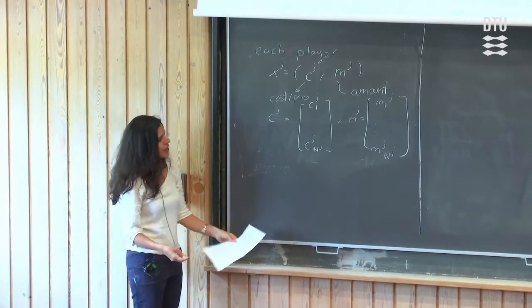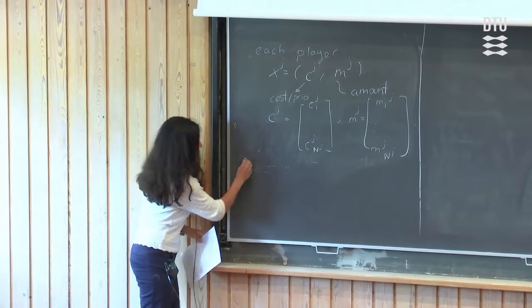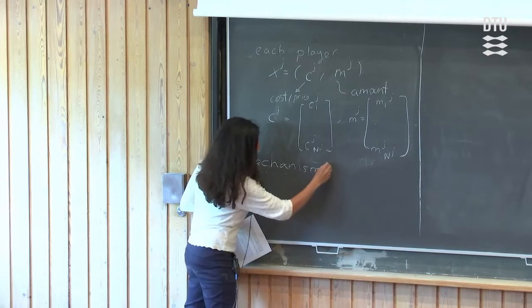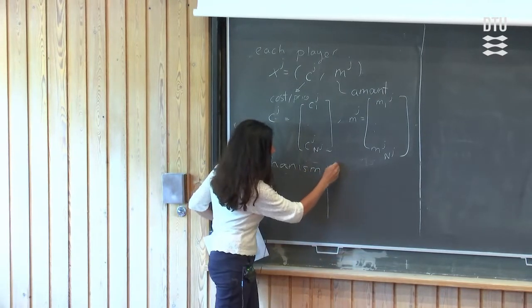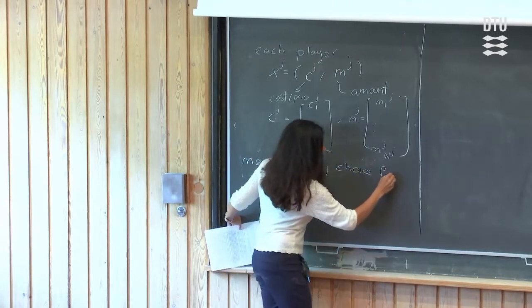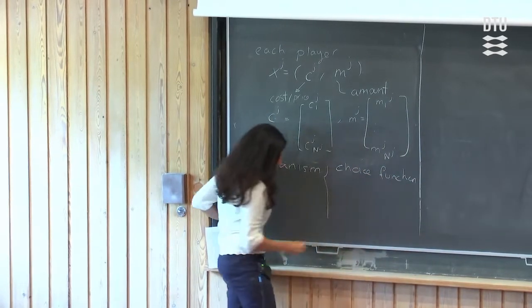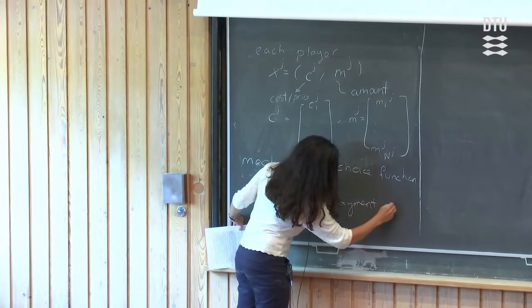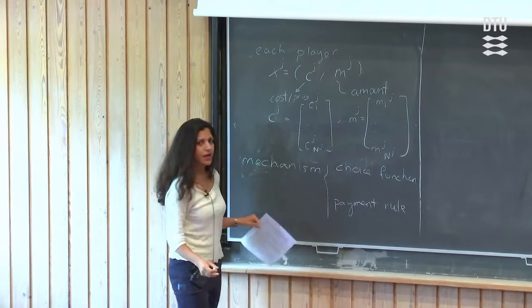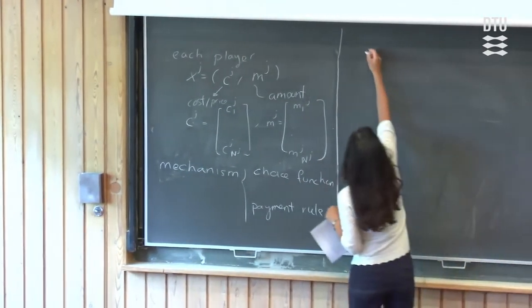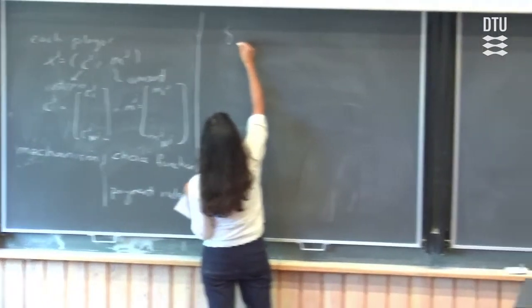So now a mechanism is defined by two things. One is called the choice function, which tells who is going to win, and the payment rule. For the choice function, we're going to use the variable delta.